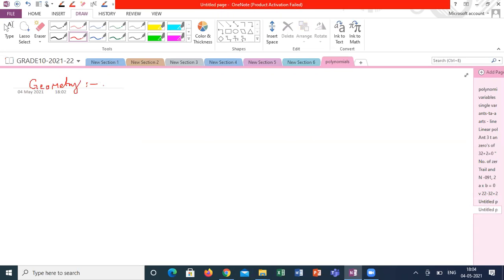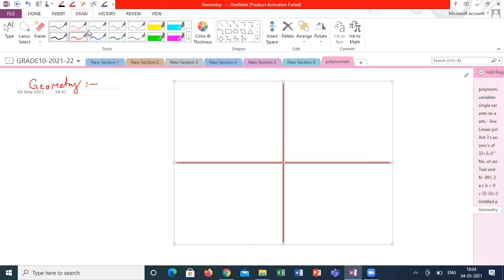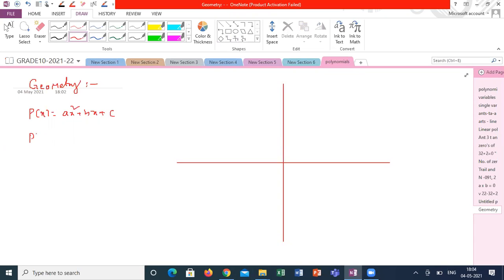What they did in geometry is they took the curve, that means they drew the graph. Suppose I take p of x is equal to ax square plus bx plus c, or p of x is equal to ax plus b, or p of x is equal to ax cube plus bx square plus cx plus d.